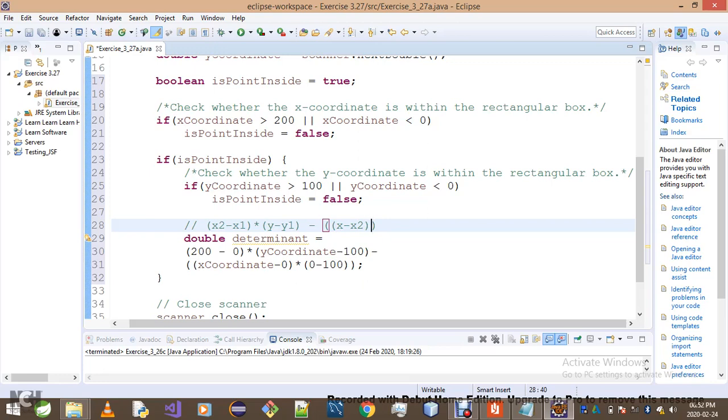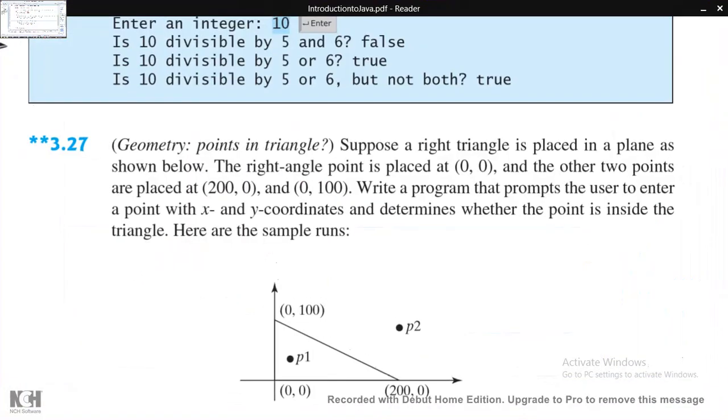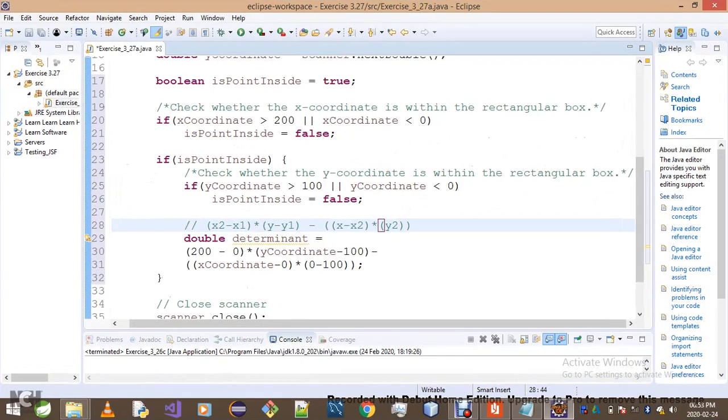It's x minus x2 multiplied by y2, which is this over here. Let me check this. Yes, it's y2 minus y1.